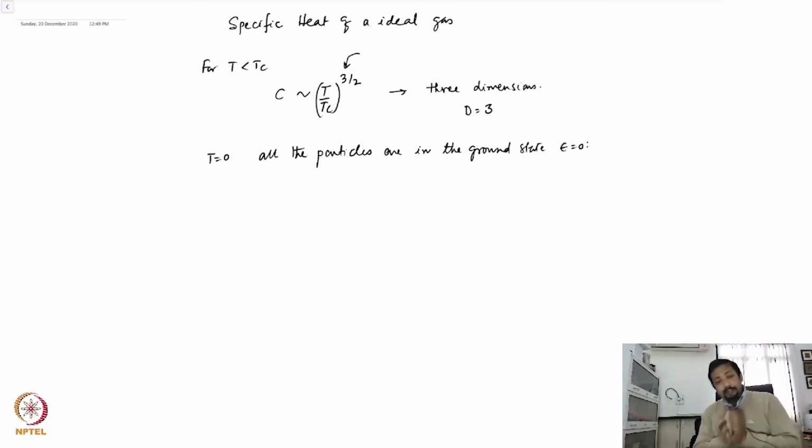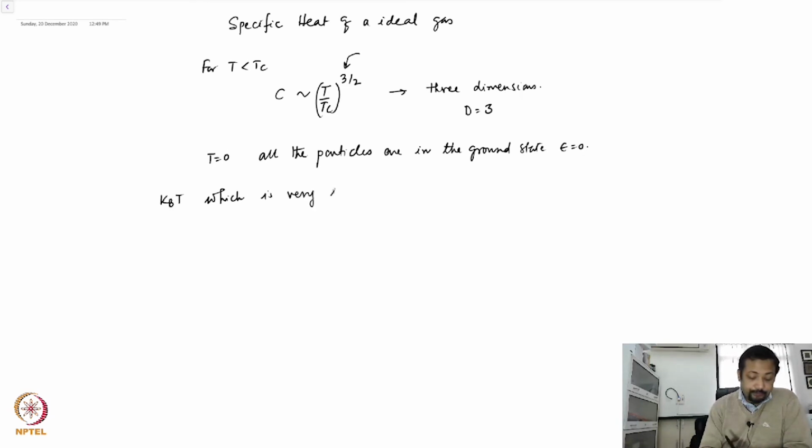Now suppose we give the system a little temperature kBT, which is very small. Once you give this temperature to the system, then essentially you are exciting some of the particles, and some of these particles can go to the higher excited states. So you have a limit, right?